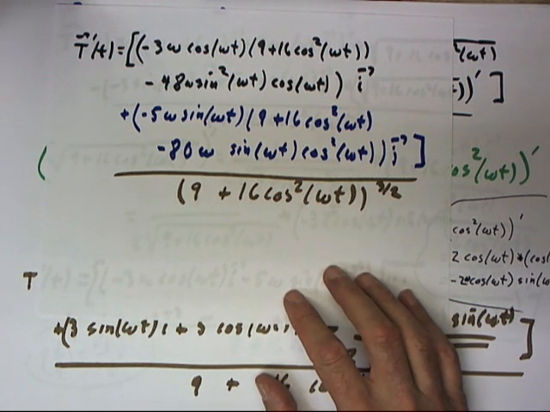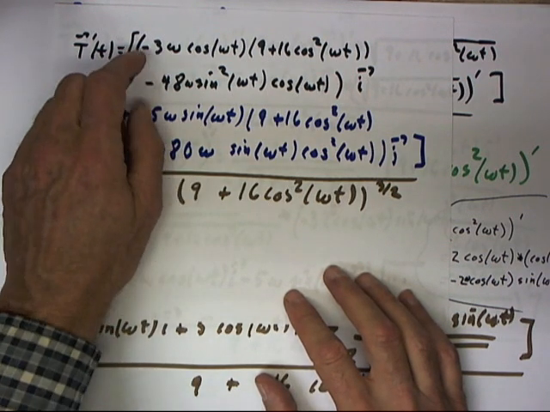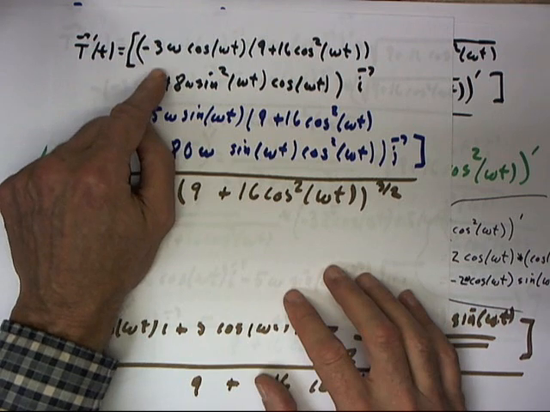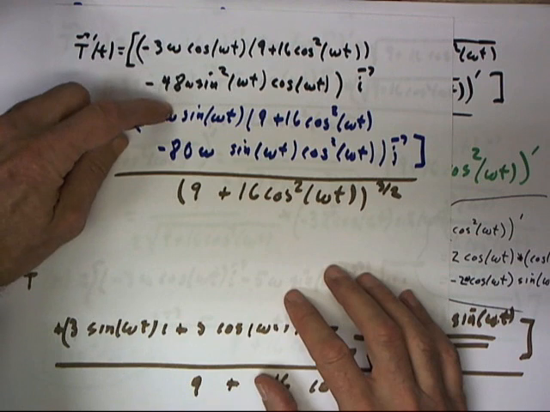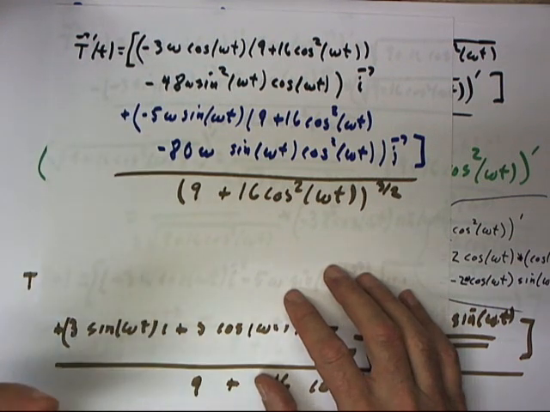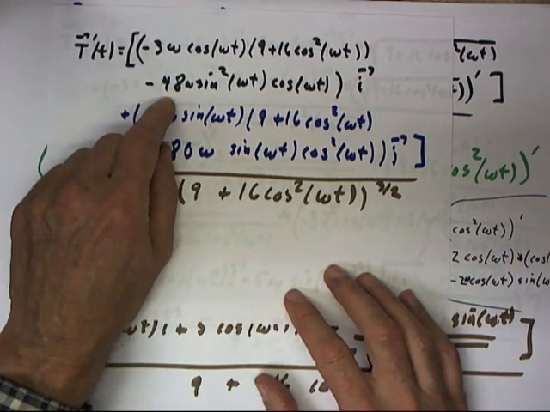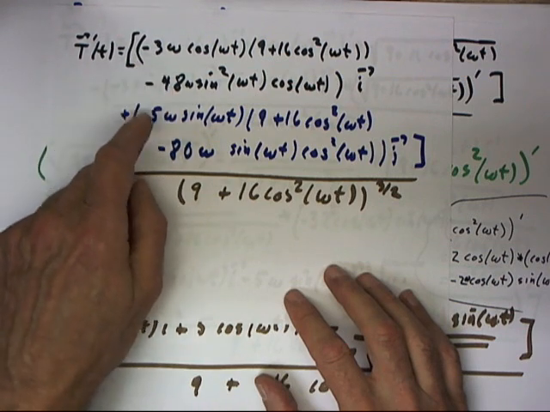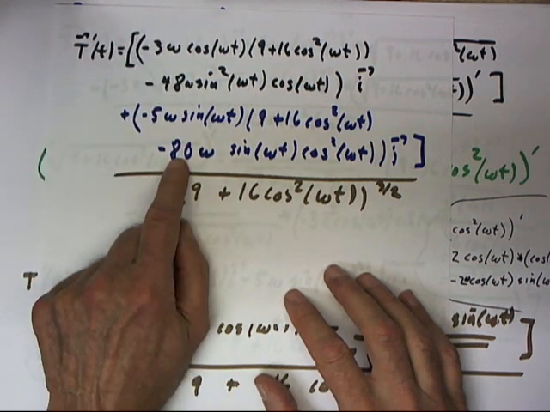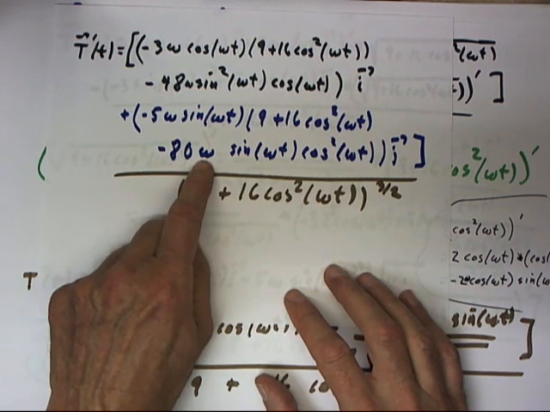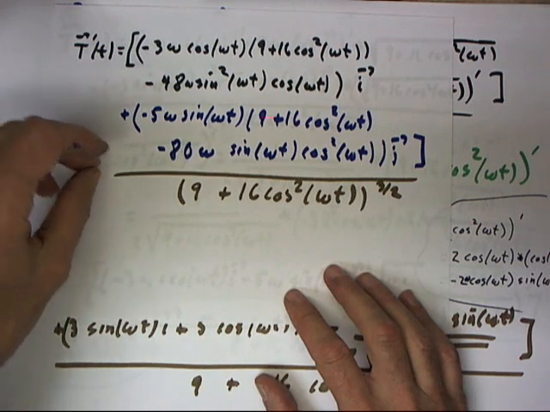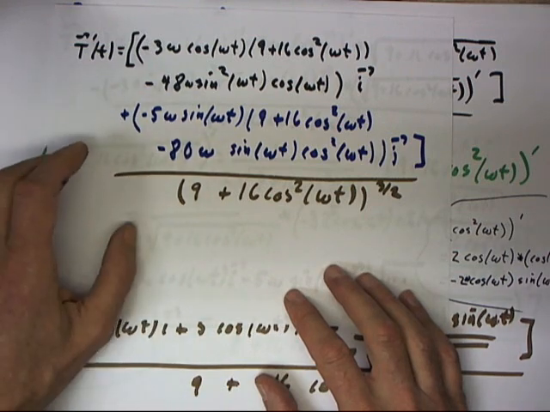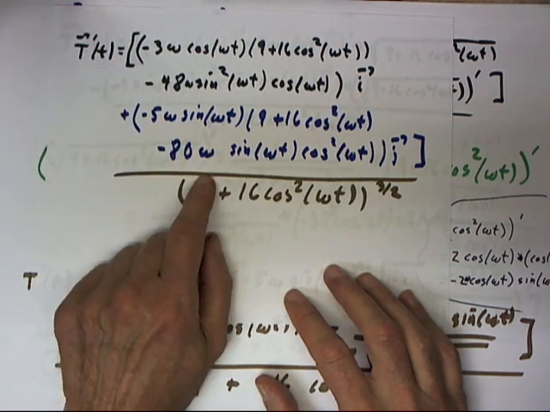This thing should actually be in units of acceleration, but the numbers here actually have units of position over units of time. So the 3 and the 48 and the 5 and the 80 would have appropriate dimensions, which when multiplied by the radian per second dimension of omega would give us, for example, meters per second squared, the dimensions of acceleration.